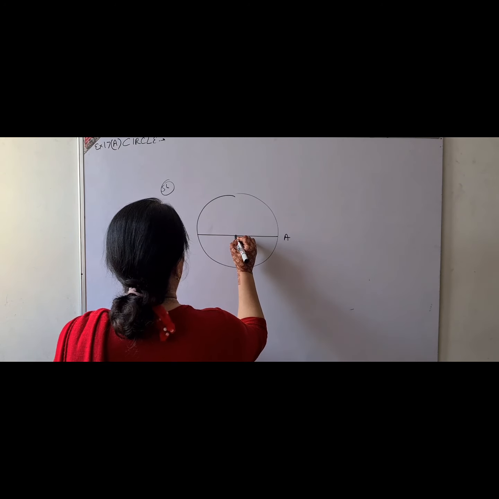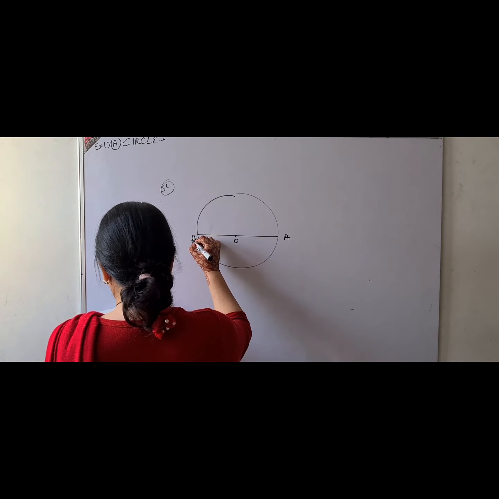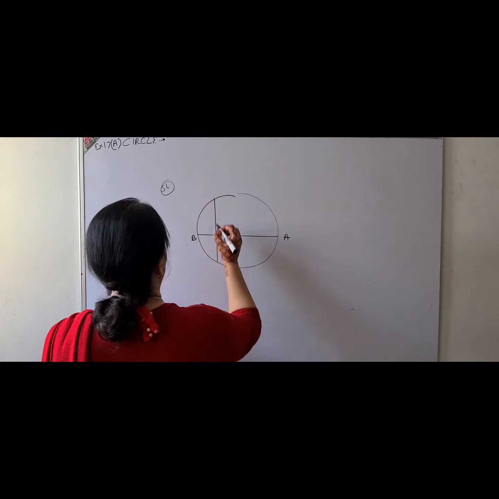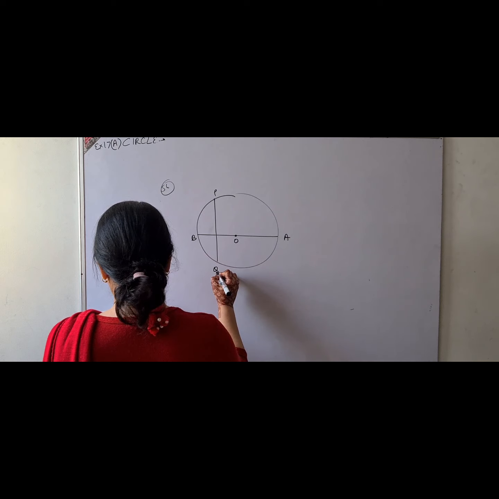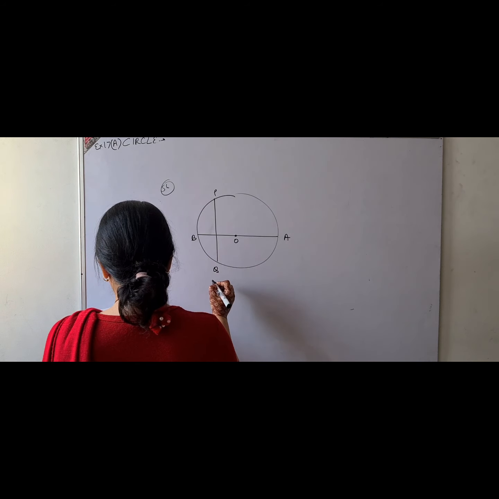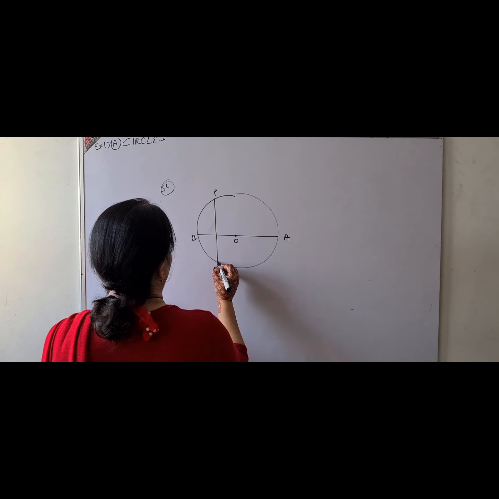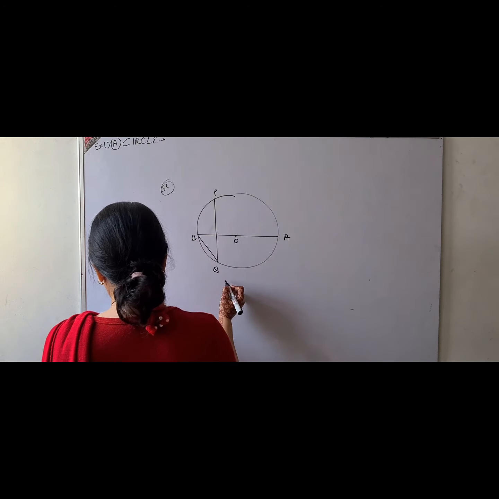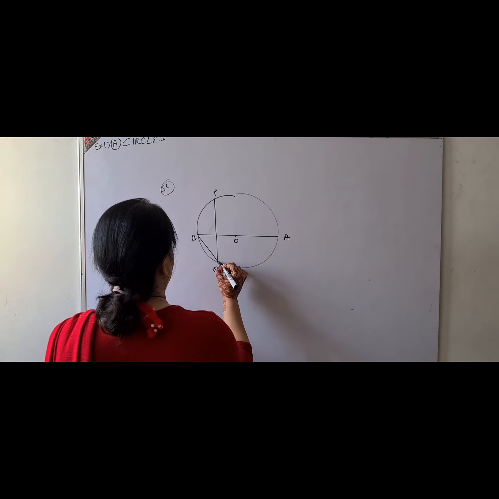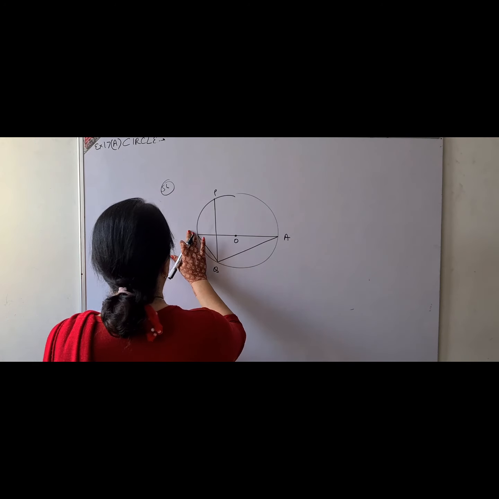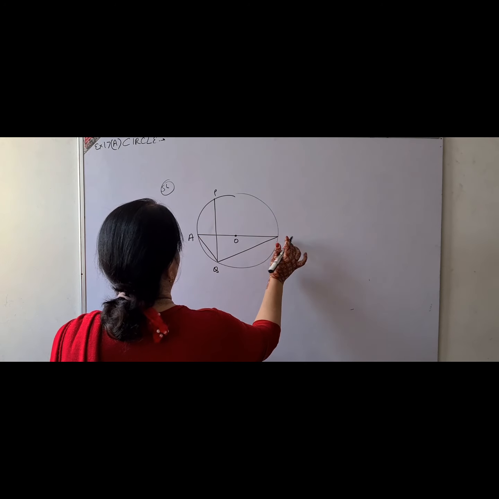A, O, B, P, Q. The given figure shows a circle with center O. Find PQB. A is on this. Be careful about the figures.